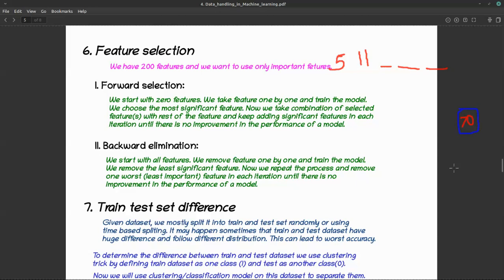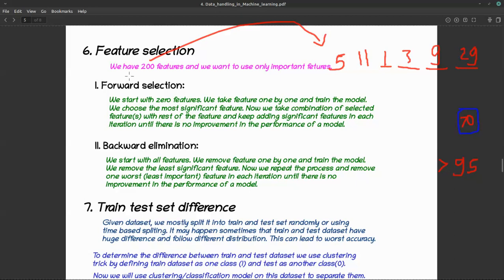Beforehand I decide that if I get accuracy greater than 95, I will stop. So let's say using the features 5, 11, 1, 3, 9, and 29, I get accuracy greater than 95, then I can stop. Out of 200, I use just a few features, because even with them I'm getting 95% accuracy.